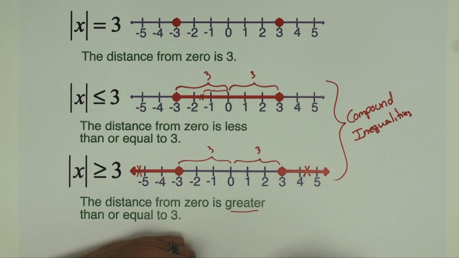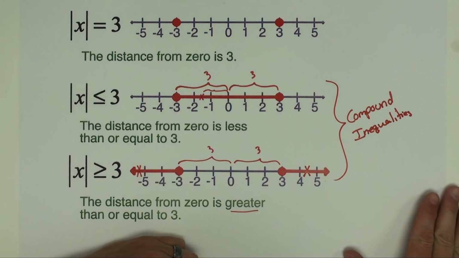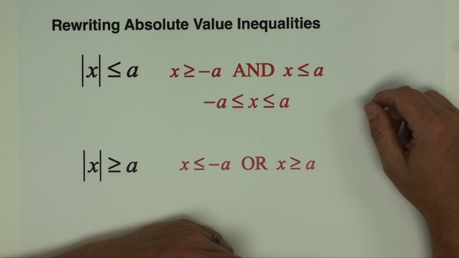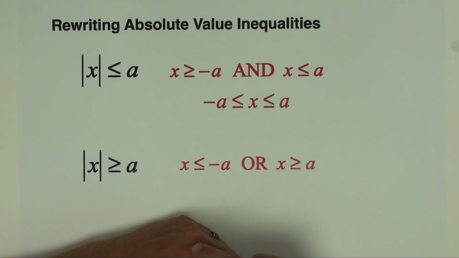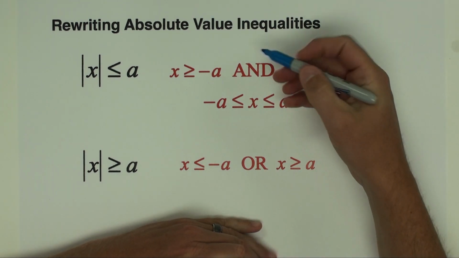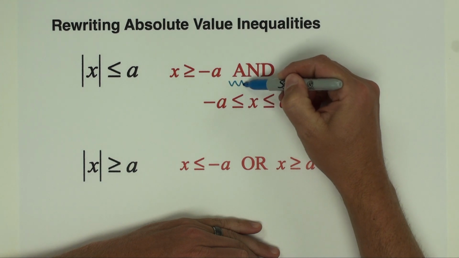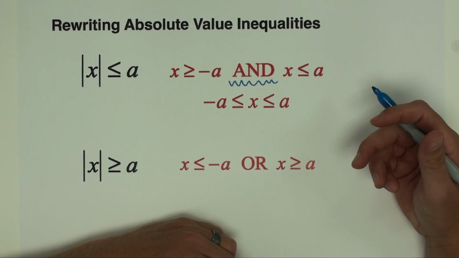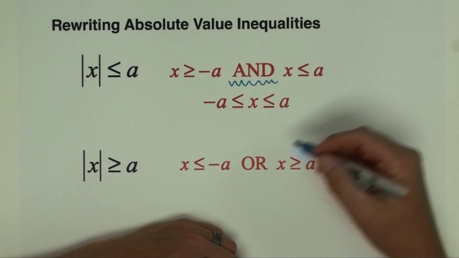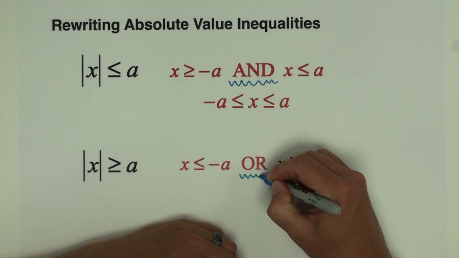All right, let's take that a little bit farther and break it down into a little more specific language on the next slide. Okay, as you recall from compound inequalities, there are 2 types of statements. You have your and statement, which is like an intersection or an overlap of 2 solution regions, and then you have your or statement.